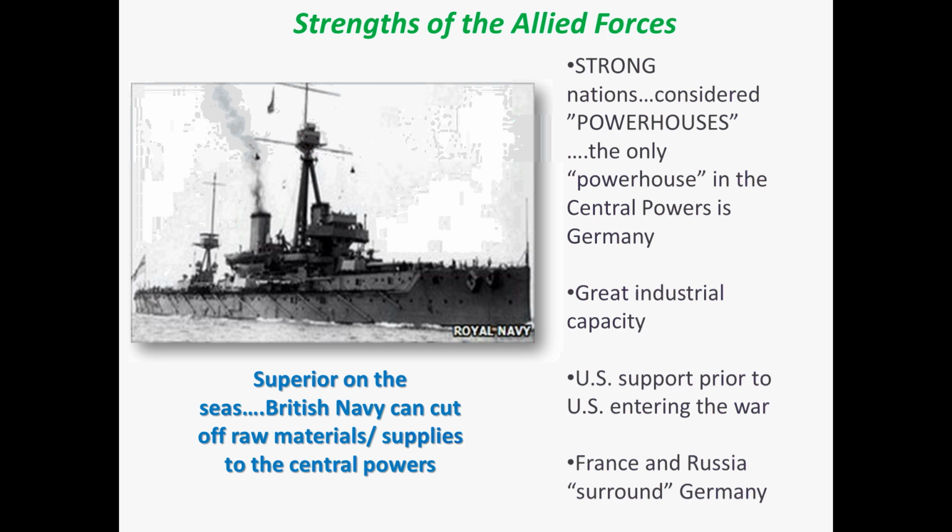The only powerhouse on the Central Powers side is Germany. So it's kind of like, if we were picking players, they've got LeBron, Steph Curry, and Kobe, and all Germany has is Jordan. Jordan's pretty good, but is he better than Steph, Kobe, and LeBron?